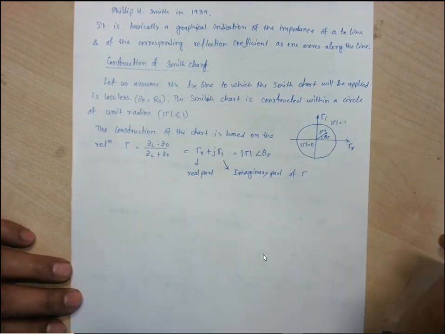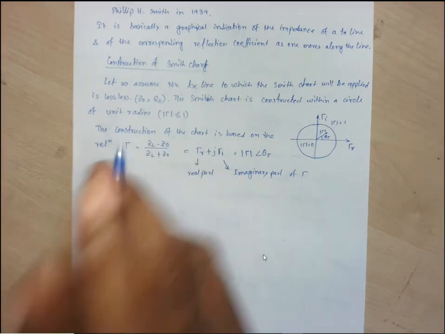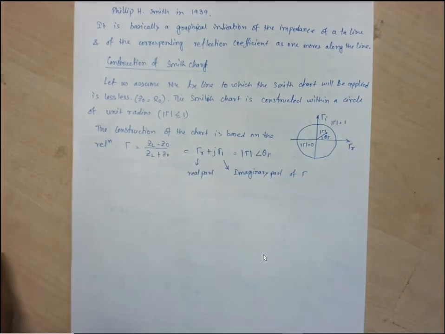Now if we look into this relation, every time gamma will change with a different value of characteristic impedance. If we have separate transmission lines with separate characteristic impedances, gamma will change every time. So rather than going with a different Smith chart for each line, we need to simplify so that for any kind of line we can use this universal graphical indication.